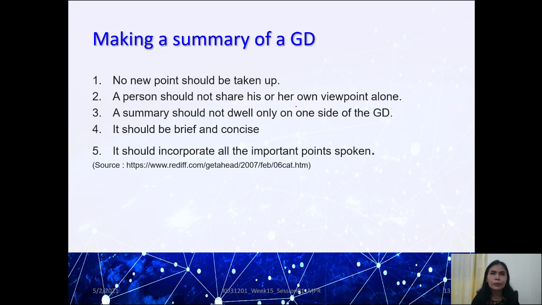So let's say, for example, we're talking about the advantages and disadvantages. You should not only go to the discussion of the advantages while there's also a question about disadvantages. So it needs to see the whole part of the discussion and the topic. And the other one is it should be brief and concise, and it should incorporate all the important points that are spoken.